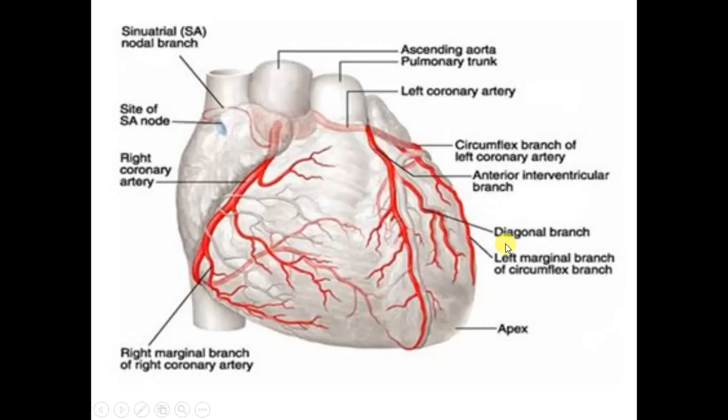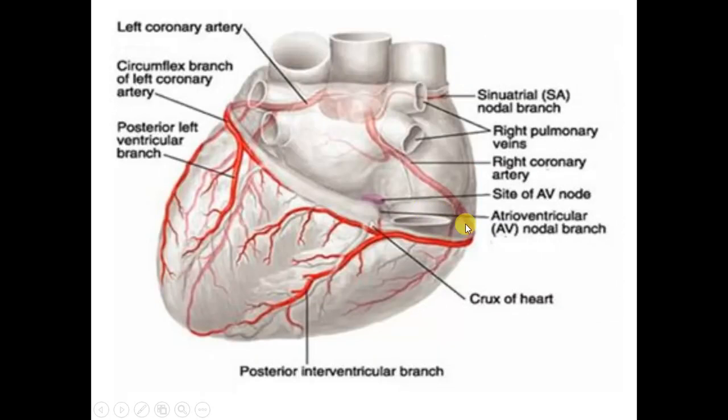So here we see these are the diagonal branches of the left anterior descending. Here you can see the septal branches, and here are the ventricular branches of the left anterior descending artery. Then the circumflex: in this view you can see the marginal branches of the circumflex artery running at right angles to the artery.